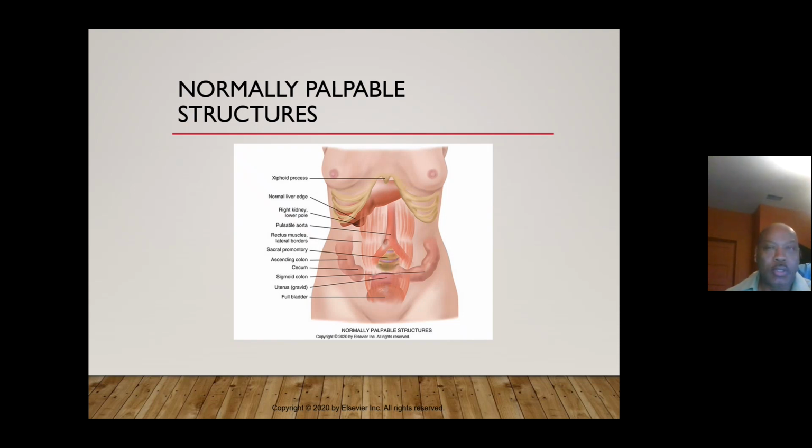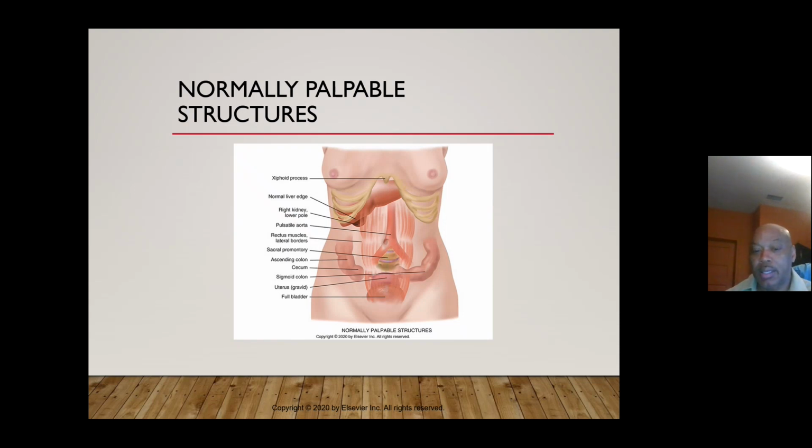All right. For example, in the left lower quadrant, if you're percussing, you're not likely going to feel anything in the way of dullness, mostly tympany, because the intestines are hollow organs.